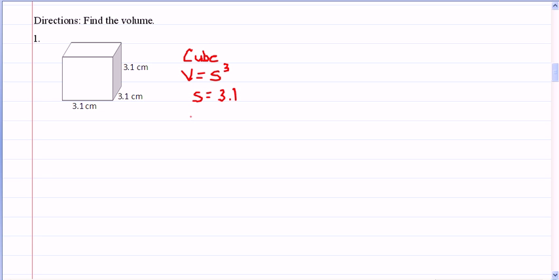And once I identify the variables, I substitute them into the formula, 3.1 cubed, and 3.1 cubed is the same as 3.1 times 3.1 times 3.1. So starting with the first two 3.1s, I'll multiply them out on the side.